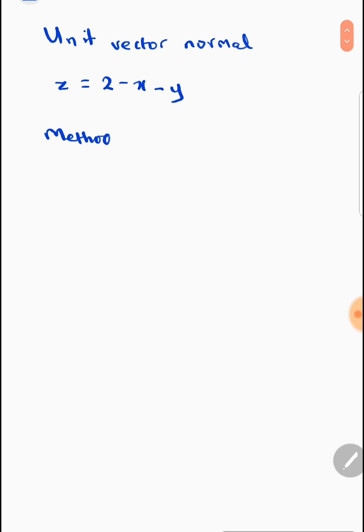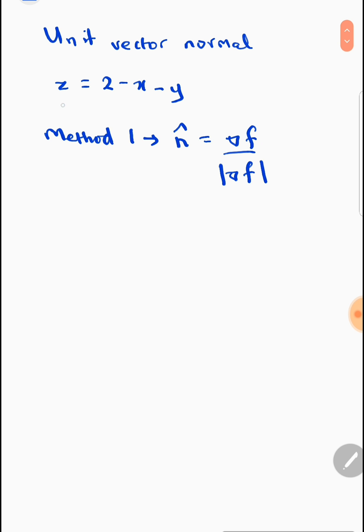Method 1 would be the one where my n cap is equivalent to the gradient of f over the modulus of gradient of f. If you want to use this formula, you need to get your function expressed as equal to 0.